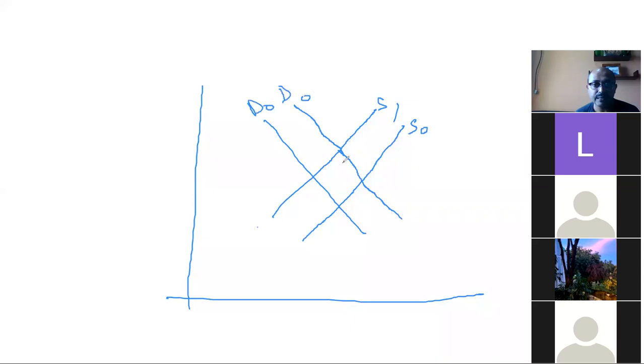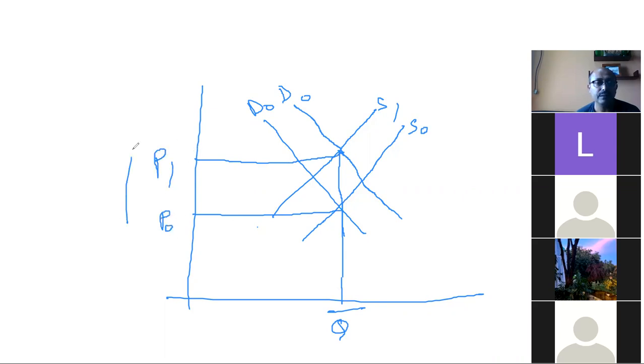See, the quantity is the same. Quantity remains constant because here increase and decrease are cancelling each other. So ultimately price will go up for sure, because it is an increase in demand and decrease in supply. So price will go up, but quantity remains the same.